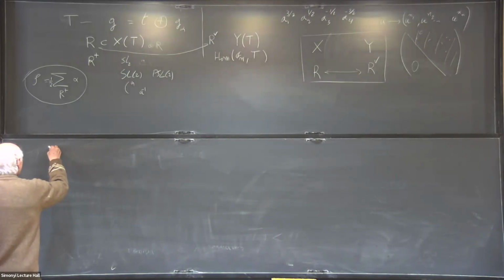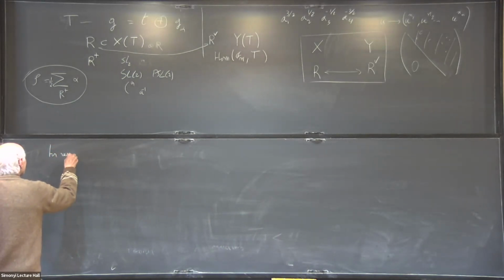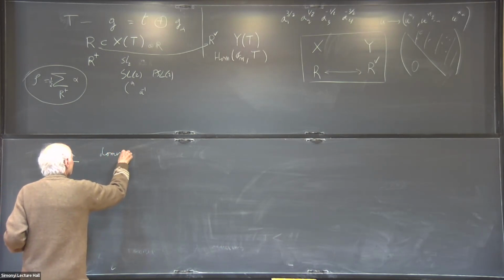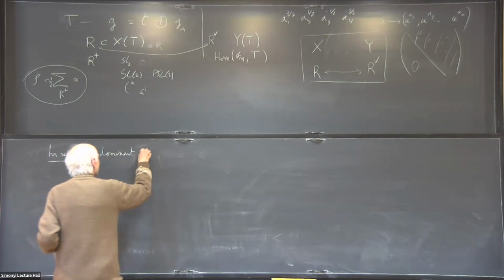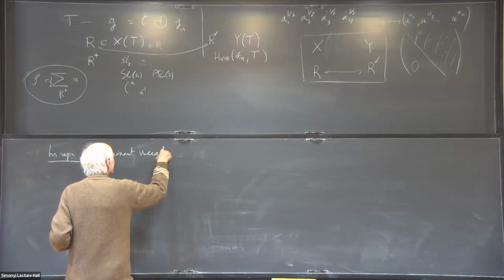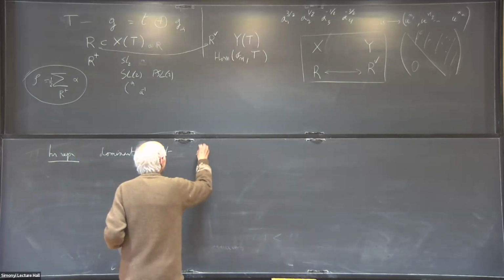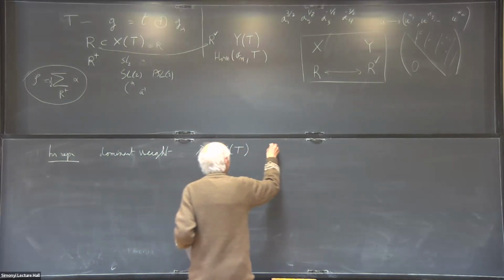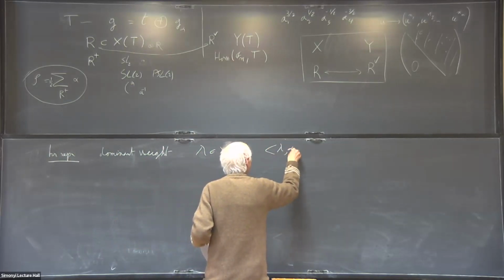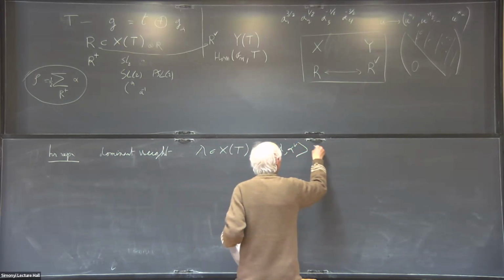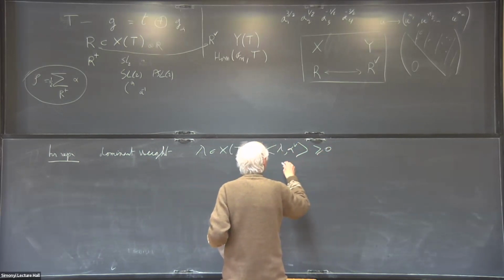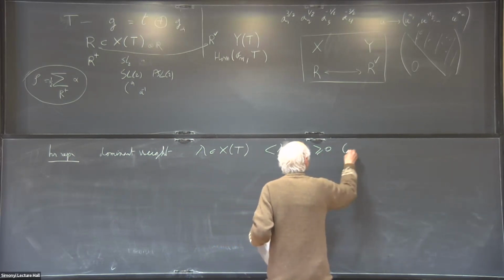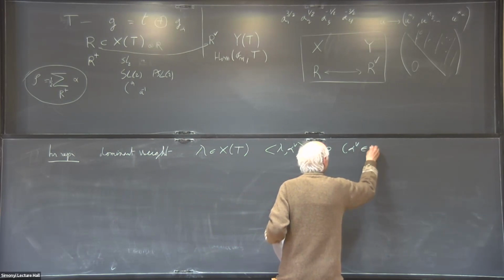So first, the irreducible representations are classified by their dominant weights, which is an element λ of X(T) such that ⟨λ, α⟩ is positive for the positive roots.